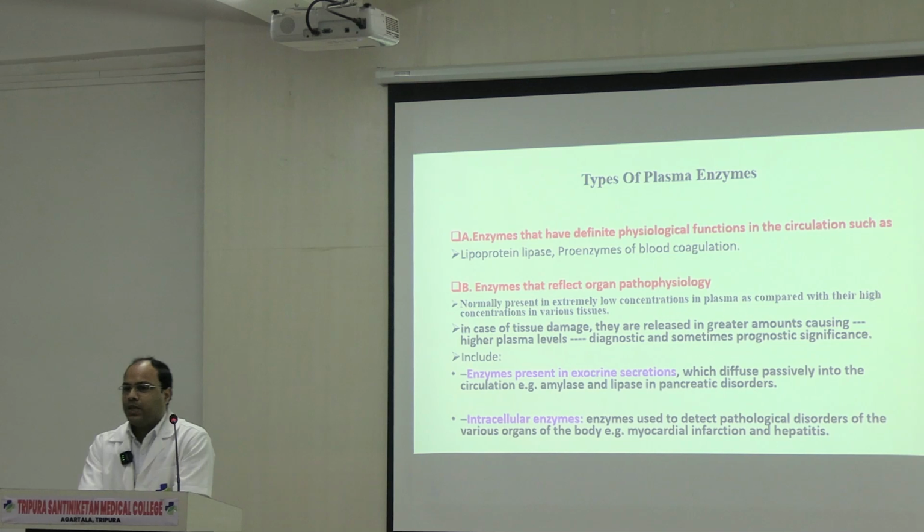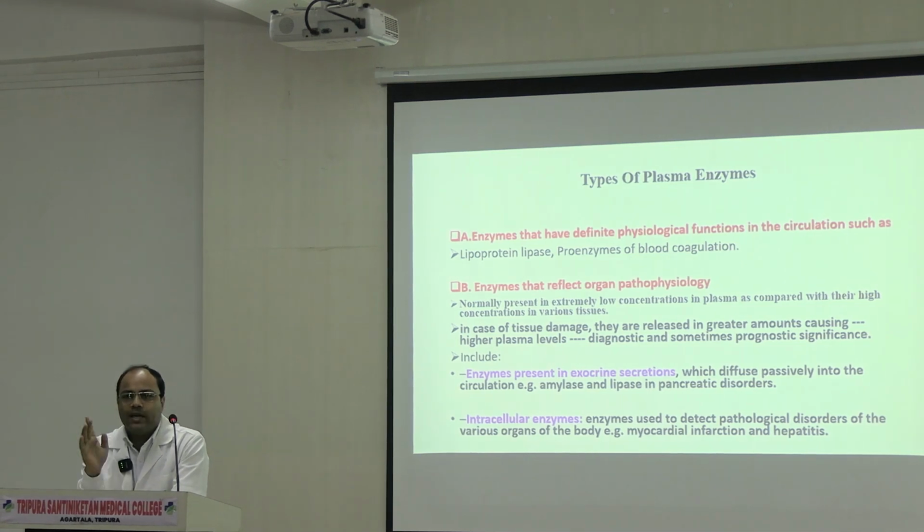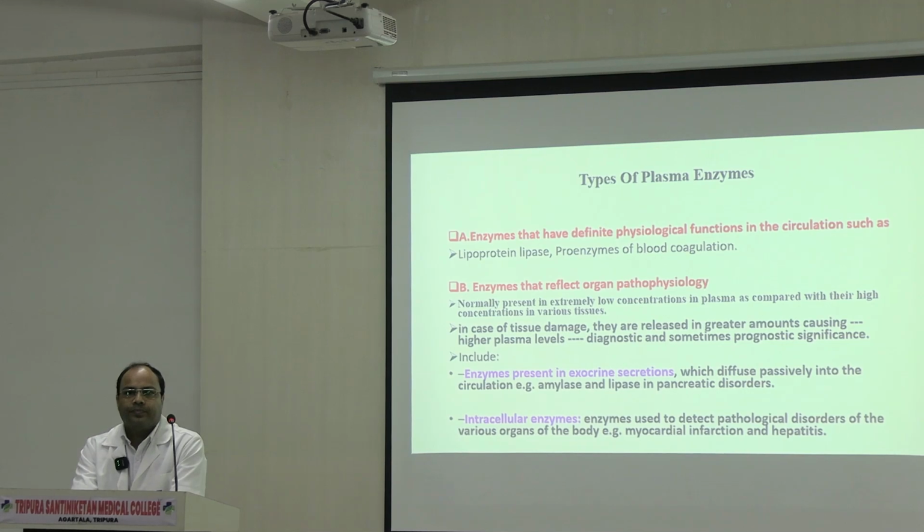So, we can categorize enzymes into 2 types: plasma functional enzymes and plasma non-functional enzymes. What are plasma functional enzymes? These enzymes are present in plasma all the time. They circulate with the blood, and they have some unique activities.